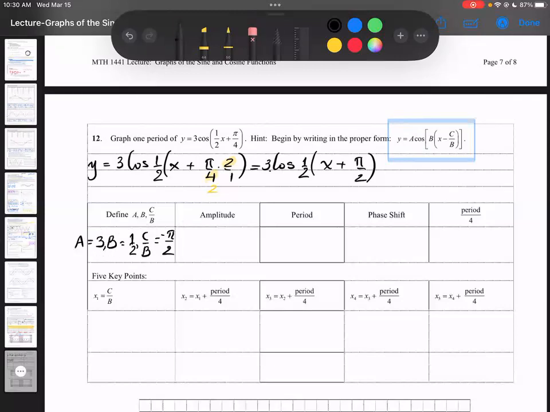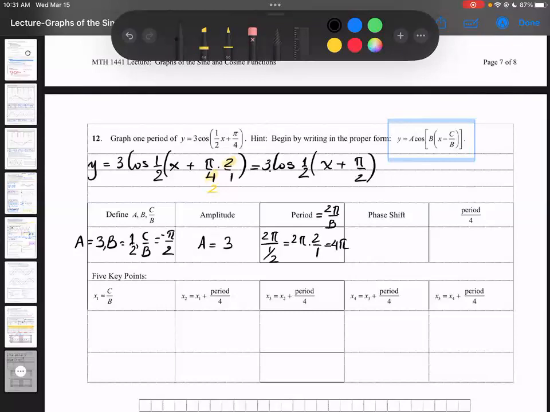The second box just allows you to list these things out. So A is 3. The period, remember what I said, is equal to 2 pi divided by B. So here is 2 pi, B is 1/2, which is 2 pi times 2 over 1, which is 4 pi.